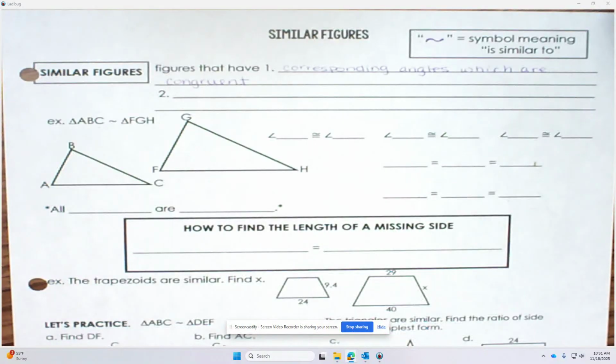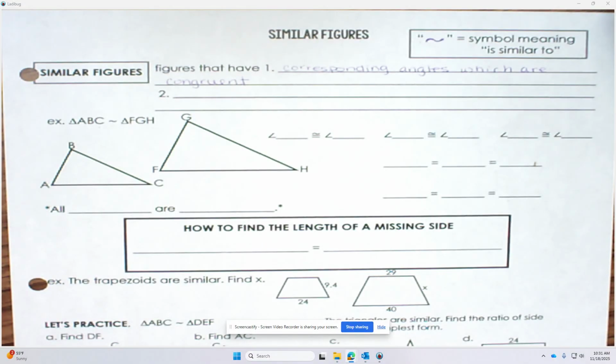We'll go into way more detail, but just like with corresponding angles in parallel lines, those are the angles that are in the same position in the different shapes. When those angles are in the same spot in the different shapes, they need to be equal to each other, because remember, congruent means equal.